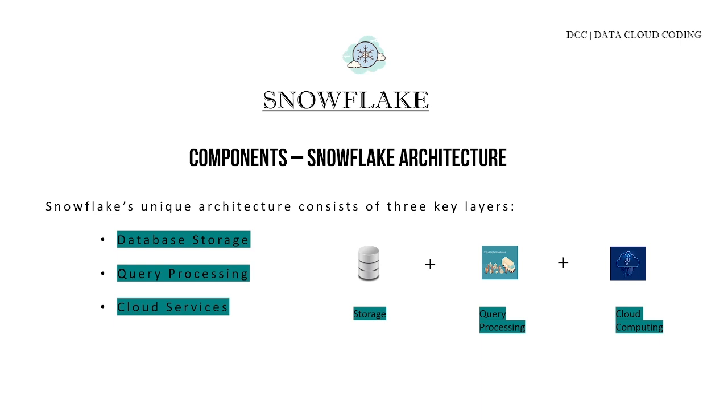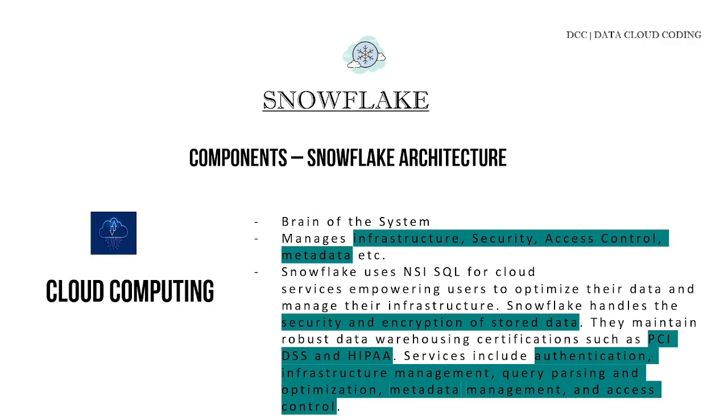And the query processing layer is responsible for running my queries. It is comprised of virtual data warehouses, and any query that any user is trying to run on any data set has to go through this query processing layer in the Snowflake architecture. Okay, so I hope this architecture part is clear.